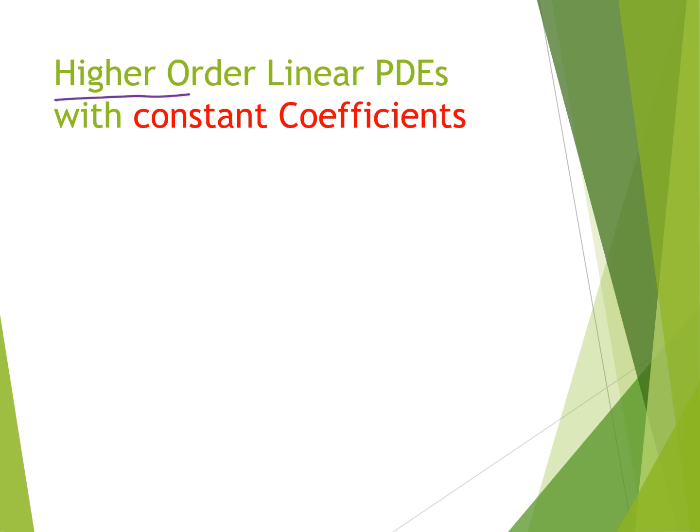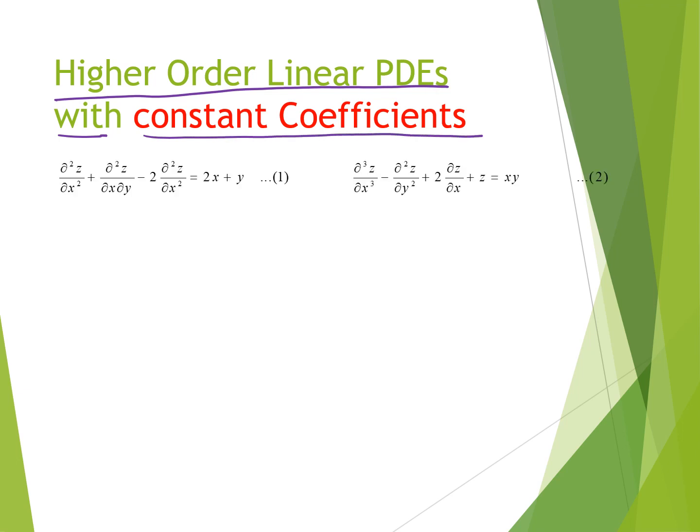Now, higher order linear partial differential equations with constant coefficients. This is equation 1, where del square z by del x square, del square z by del x del y, del square z by del y square. Here z is the dependent variable and x and y are independent variables. Similarly, equation 2: del cube z by del x cube minus del square z by del y square plus del z by del x plus z is equal to xy.